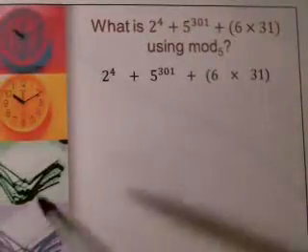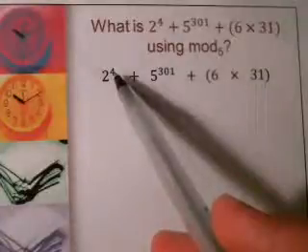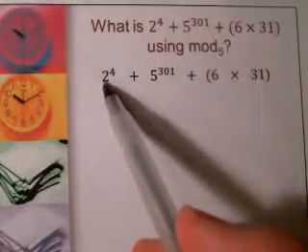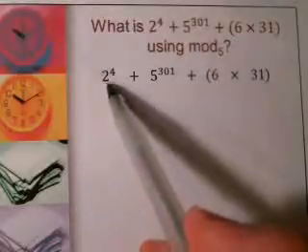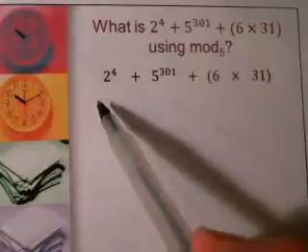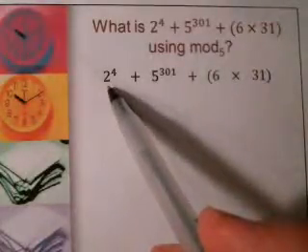So, if we're working with 2 to the 4th, exponents we cannot touch with modulo. They have to stay there. But the number that you're raising to a power you can work with. Now 2, using mod 5, there's nothing you can do with that. So in this case, we just have to figure out 2 to the 4th, which is 2, 4, 8, 16.